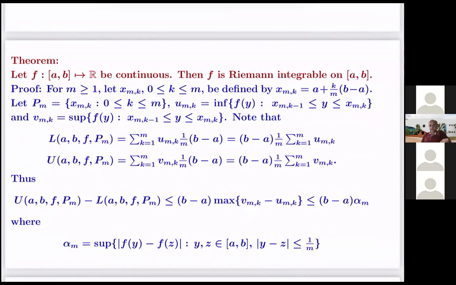major result of the day, okay, this is going to be the major result of the day. That is, if f is a continuous function on a closed bounded interval, then it is Riemann integrable, period, full stop. That is the statement.